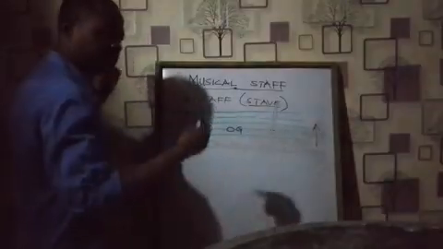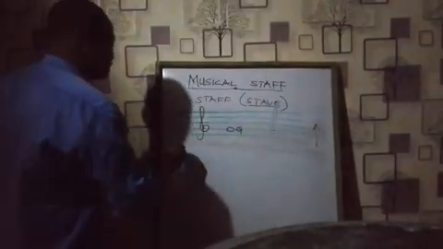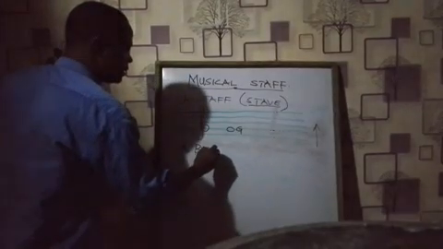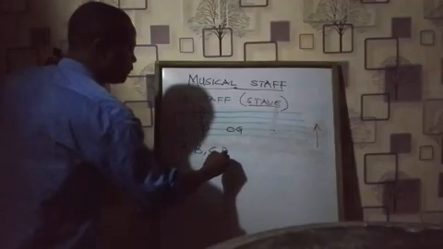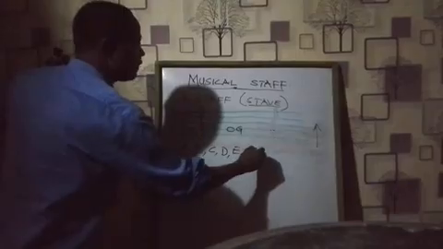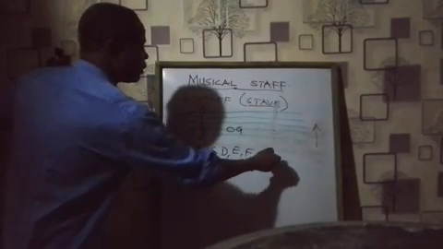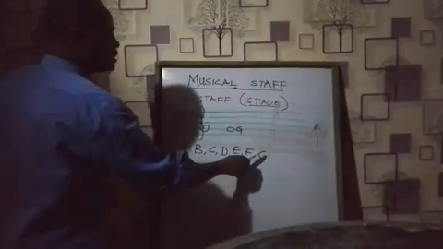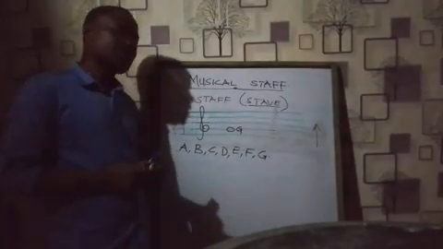And the first seven letters of the alphabet are A, B, C, D, E, F, and G. You stop at G. That is number 7: 1, 2, 3, 4, 5, 6, 7. There's no key H.